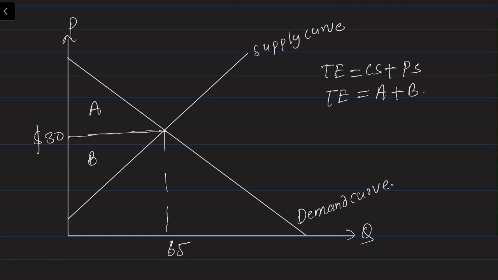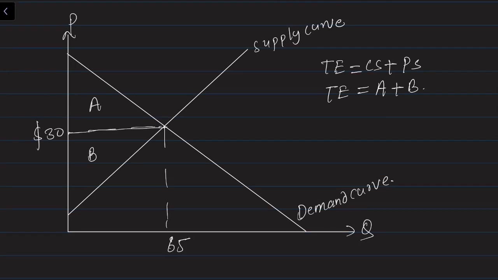We can also find this economic surplus in a different way. Let me ask, what is the total cost in the market? The total cost is basically the sum of the marginal cost incurred by the producers.